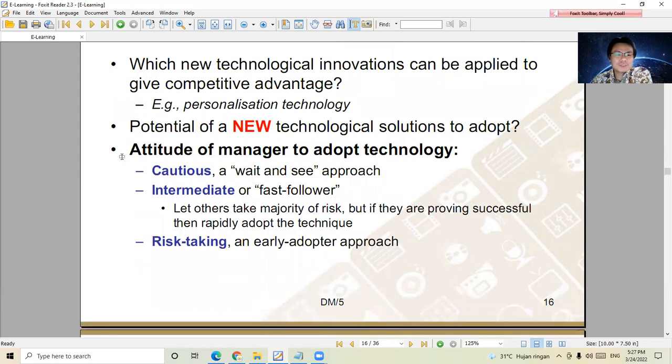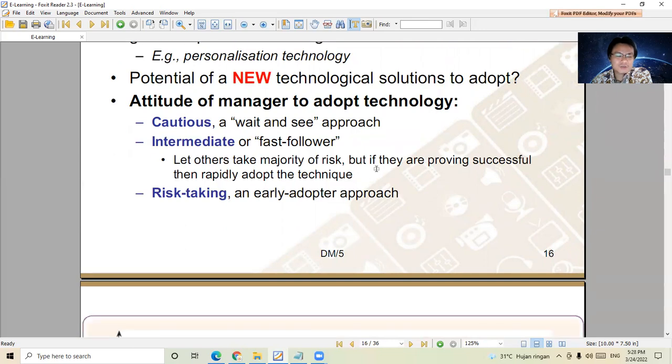And according to the literature, there are 3 attitudes of managers who are trying to adopt technologies. Attitude of managers to adopt technologies: there are 3 attitudes. The first is the cautious one.